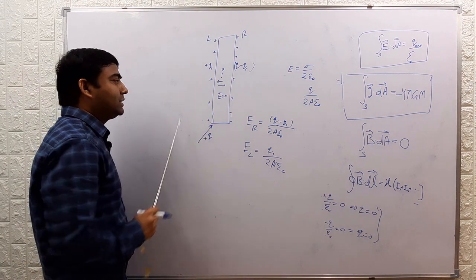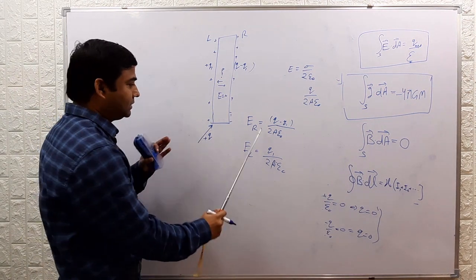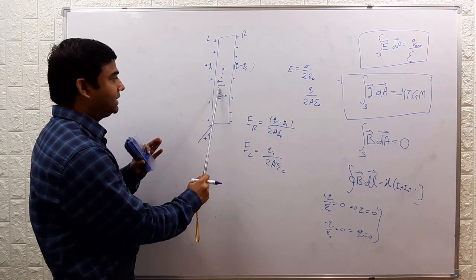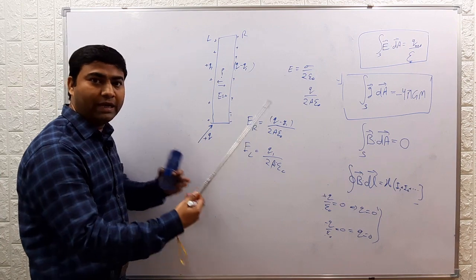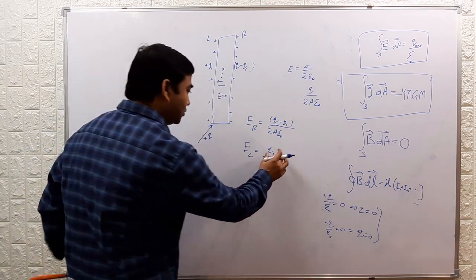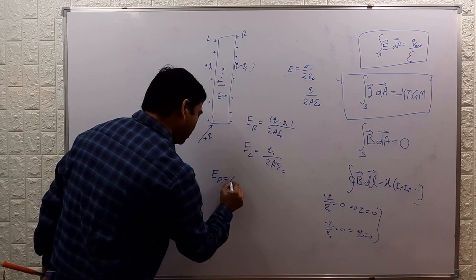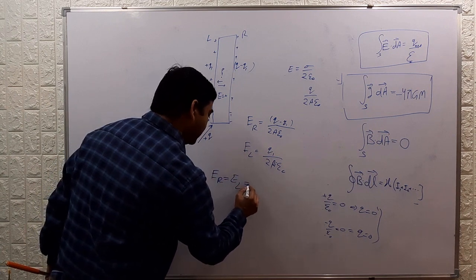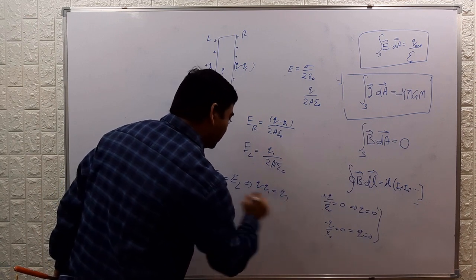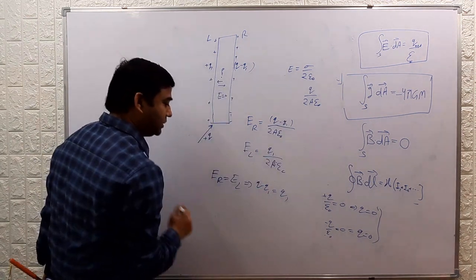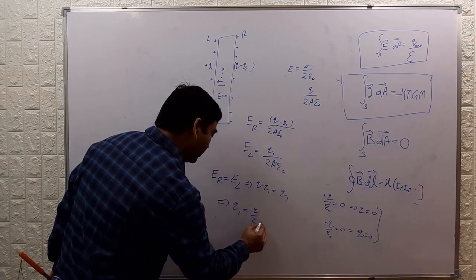Because inside the conductor we have discussed electric field is 0, hence ER and EL, which are in opposite direction, will be equal in amount and opposite to each other. So ER is equal to EL, and this says that Q minus Q1 is equal to Q1. Equating these, we get Q1 is equal to Q by 2.